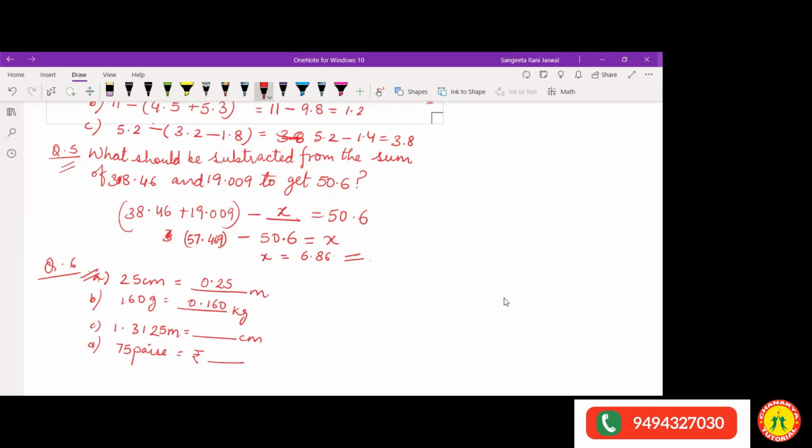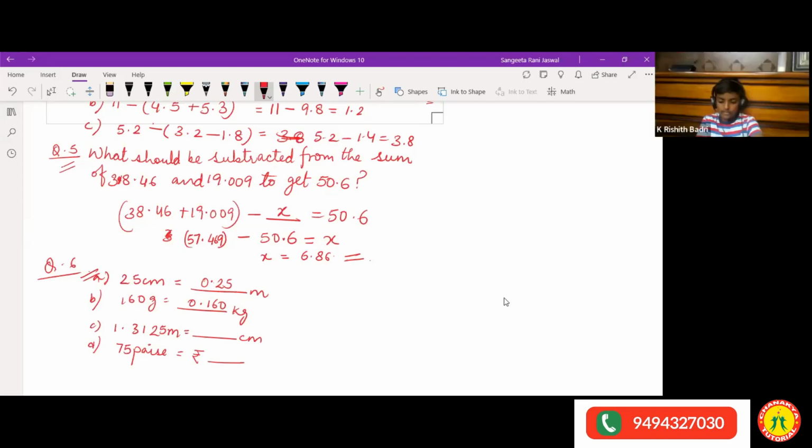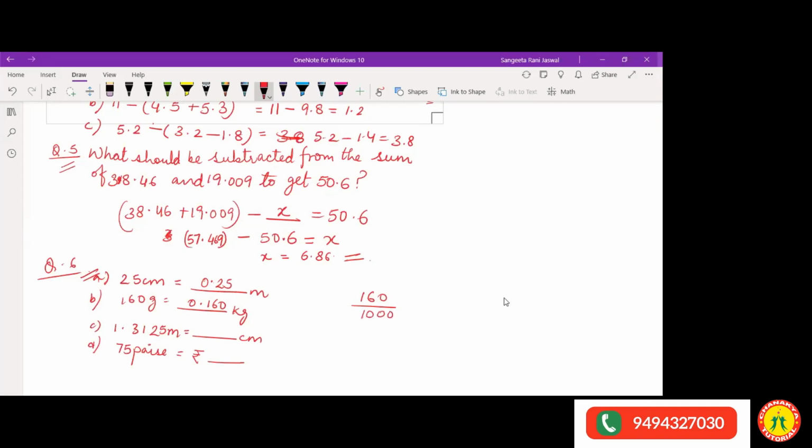Yes, Rishit? Ma'am, I got 0.16. Yes, that's it, 0.16. Advika, when you divide 160 by 1000, you will get your decimal over here. Okay, 0.16 kg.